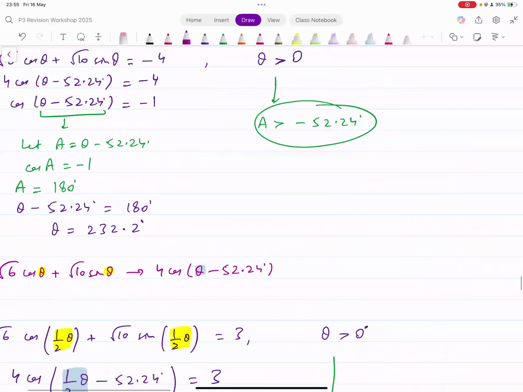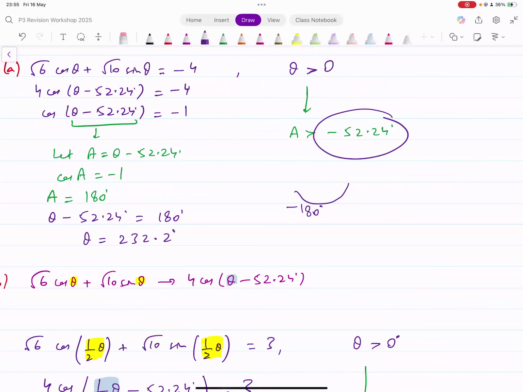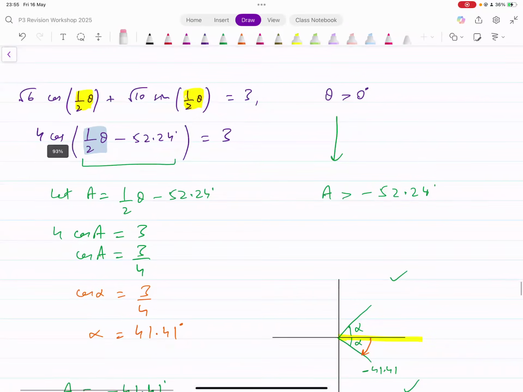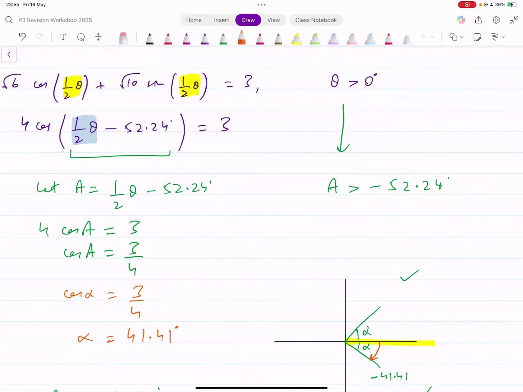In the previous case, it did not. We had 180 degrees as the basic angle, so 180 degrees as a possible value for minus 1. On the left side, it was actually minus 180. That is outside the interval, so we did not consider that. But in this case, the basic angle is 41.41 degrees, and the interval is that A is greater than minus 52.24 degrees.